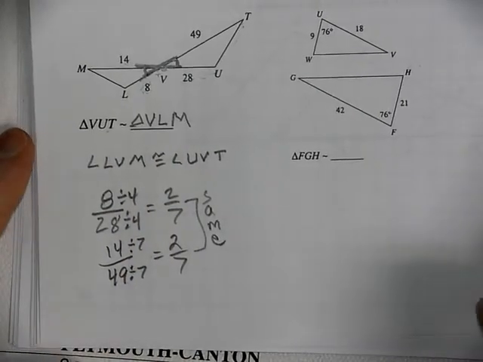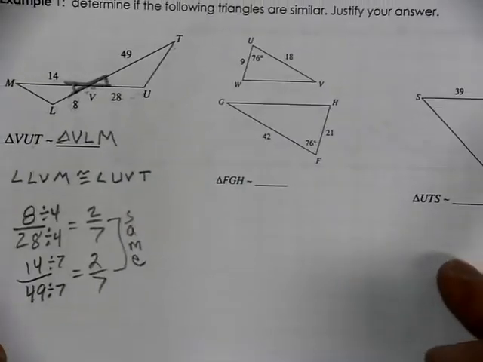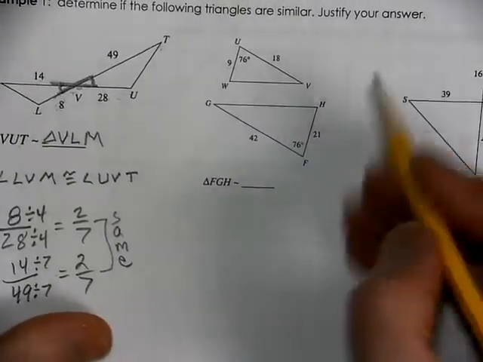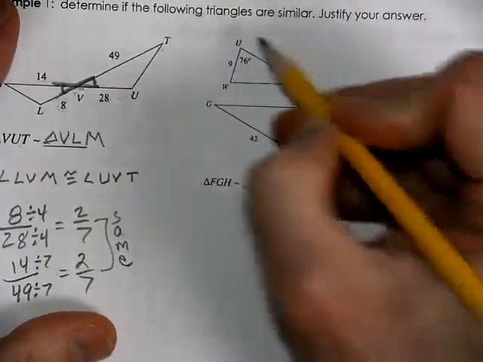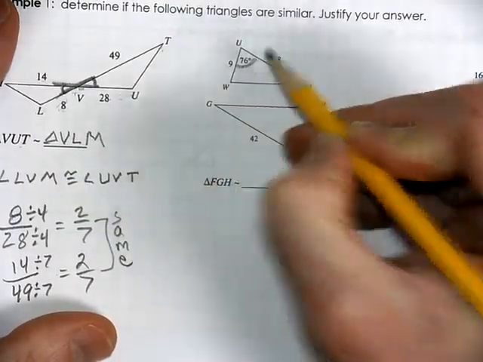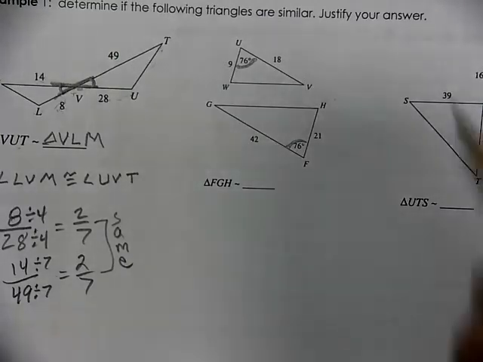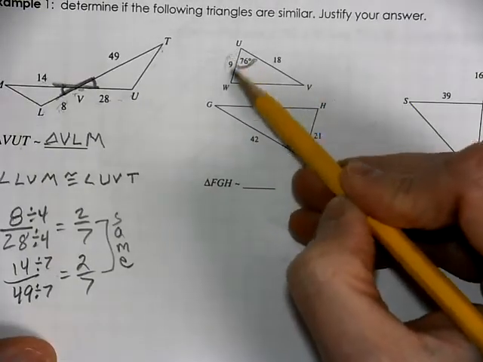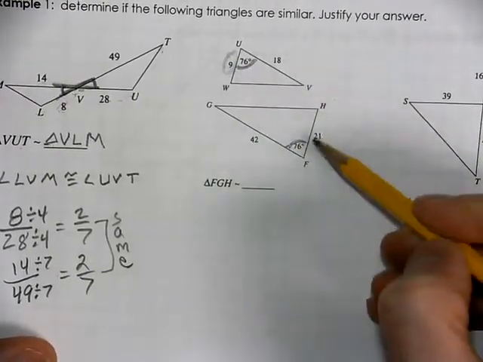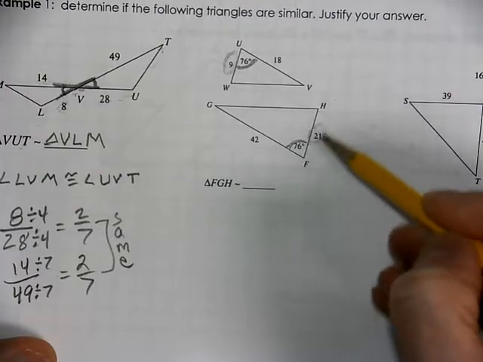Let's take a look at our next set of triangles. I notice right away that I have a pair of angles that are exactly the same. They're both 76. I have a pair of small sides here.